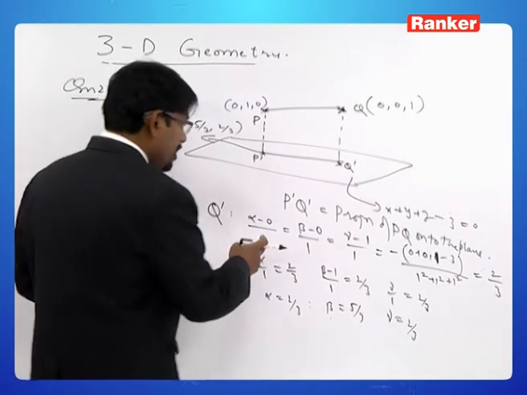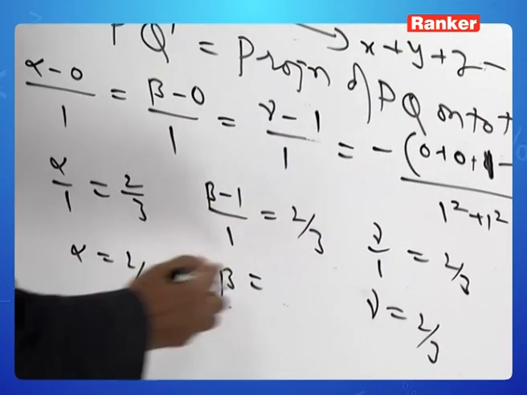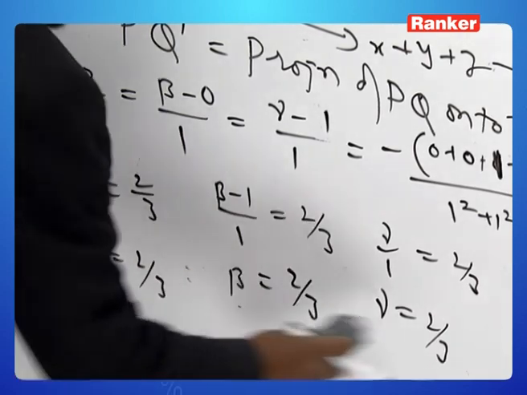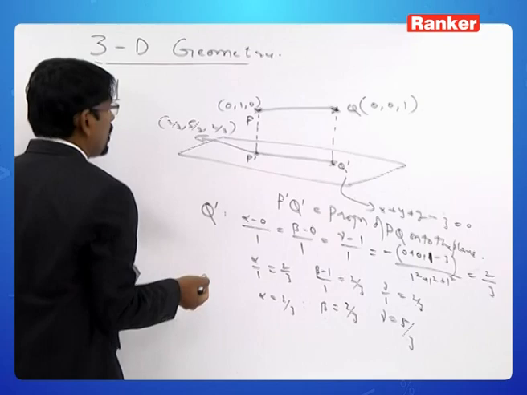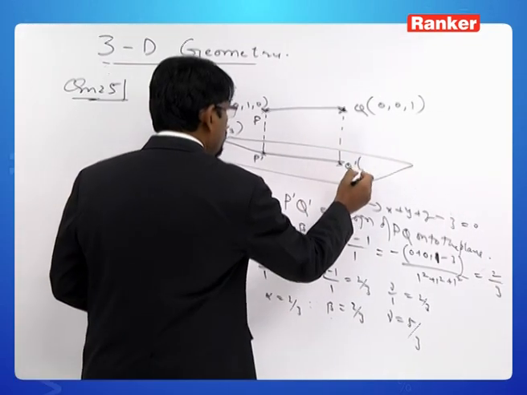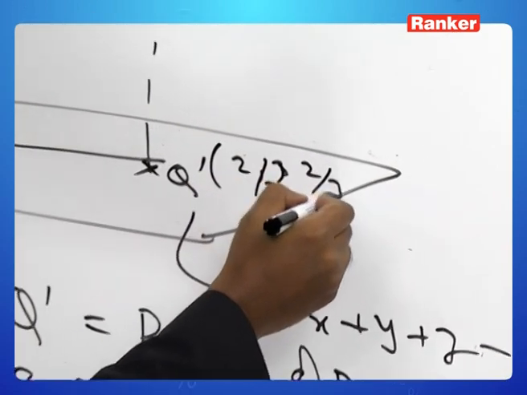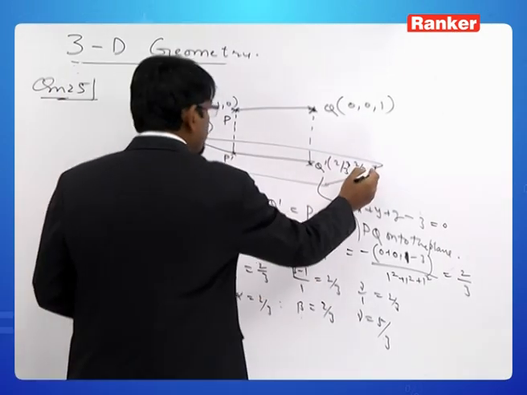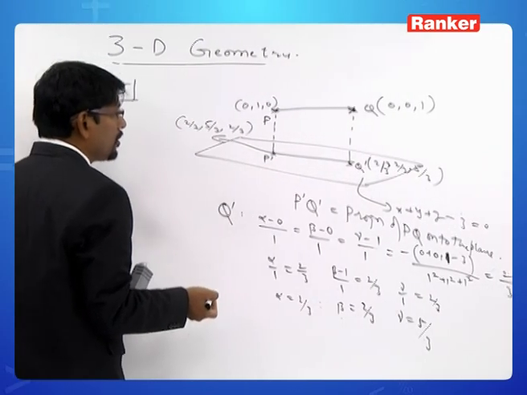Now the coordinates will slightly get changed. We get beta to be 2 by 3 and gamma to be 5 by 3. So this point is 2 by 3 comma 2 by 3 comma 5 by 3. So what do we get?